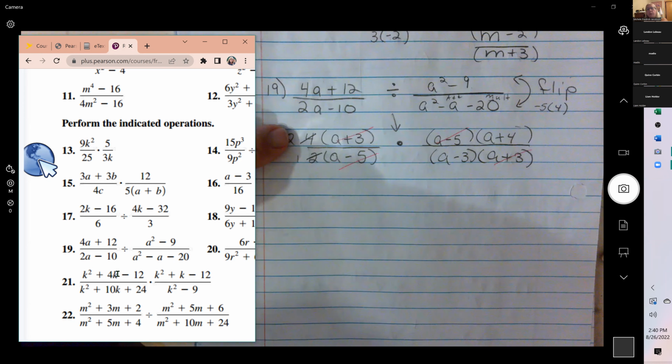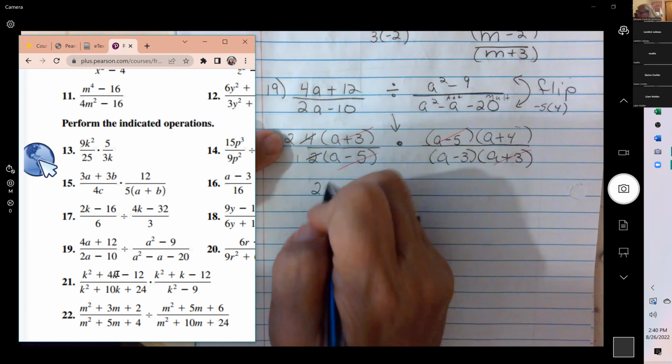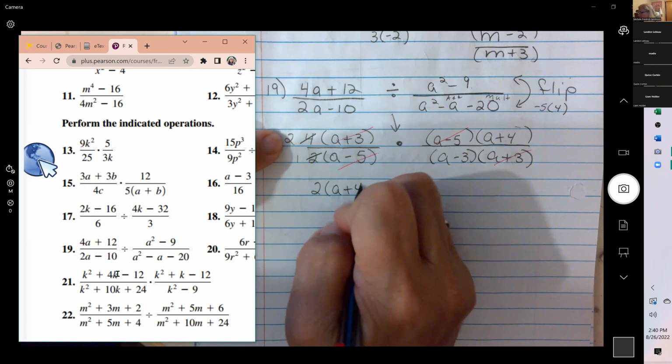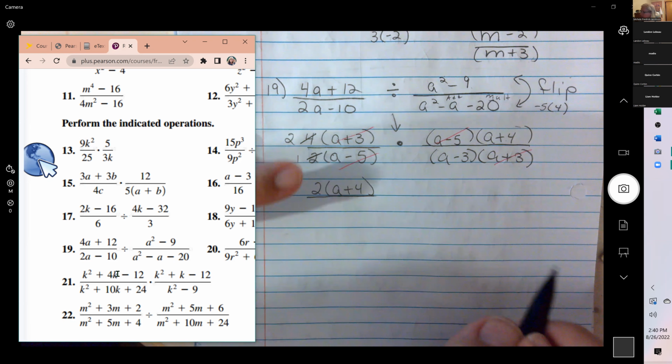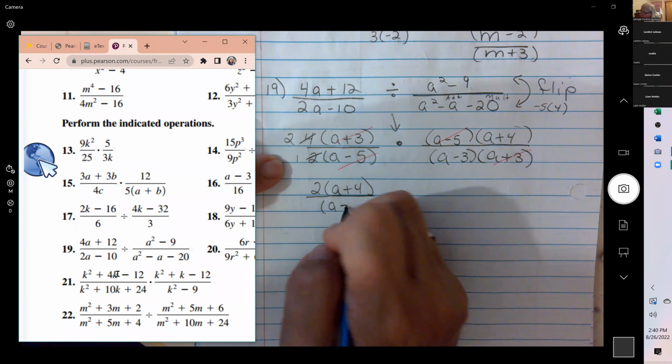So we have a 2 times a plus 4 on top. And on the bottom, 1, which we don't have to show, times a minus 3.